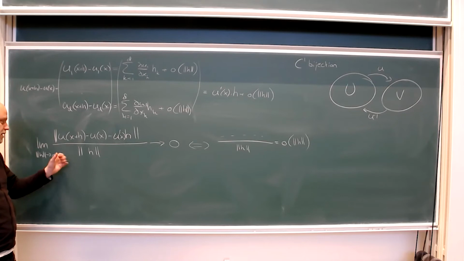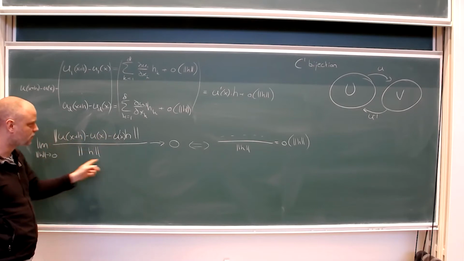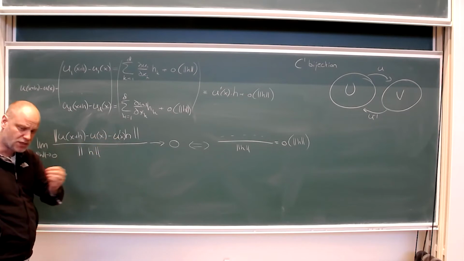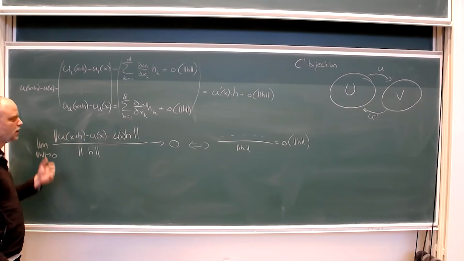So this is what we're going to require from our function u. This is going to hold at every point x, and u prime as a function of x is going to move continuously. Then it's C1.